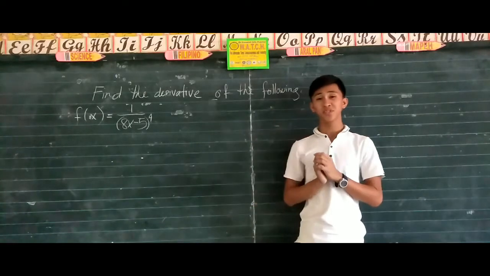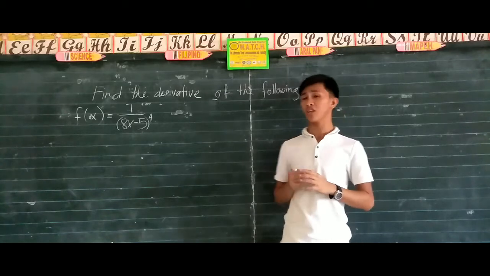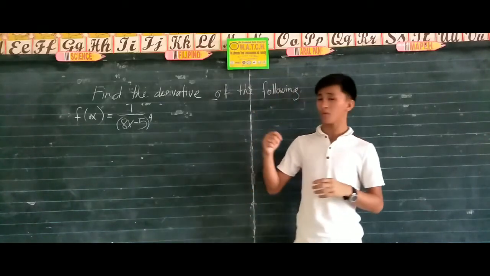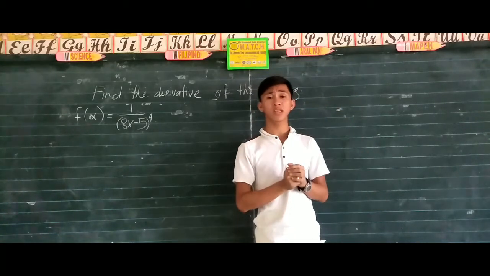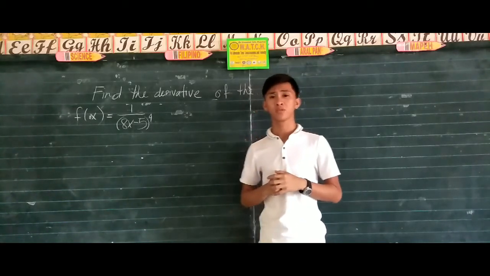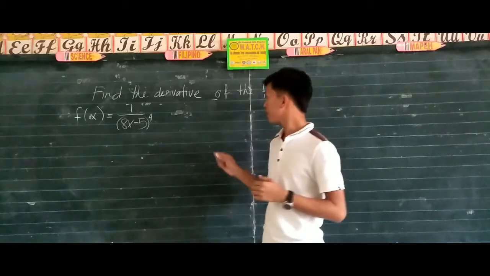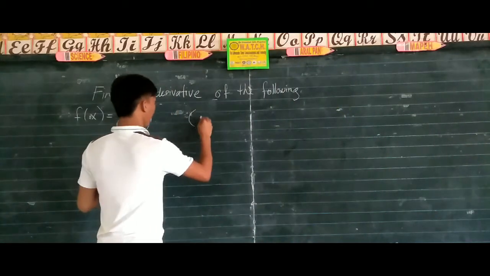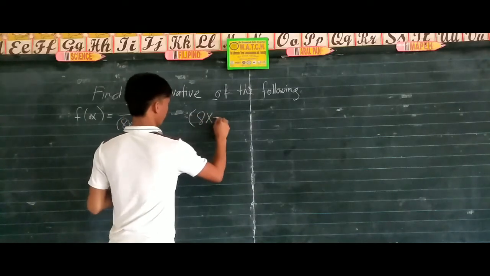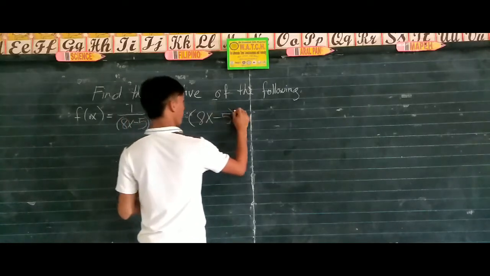So now, let's proceed to the next example of finding the derivative using the chain rule. This kind of example, we need to transpose, then the exponent will become negative. So now, let's apply the operation. 8x minus 5 raised to the power of negative 4.